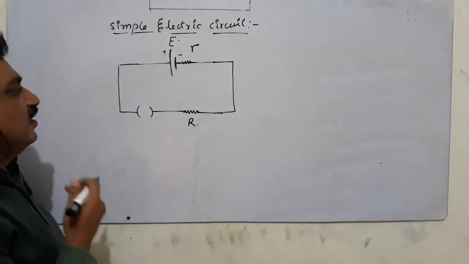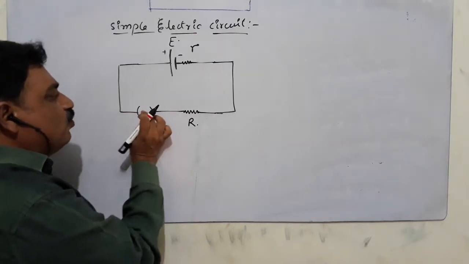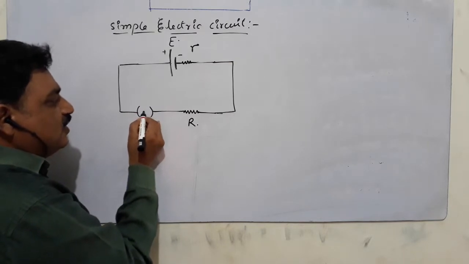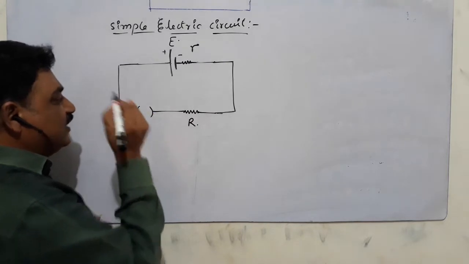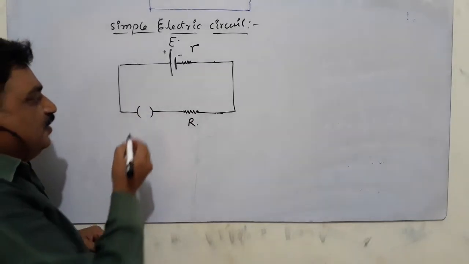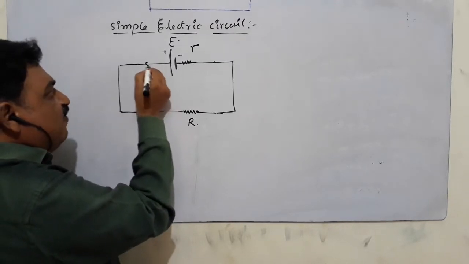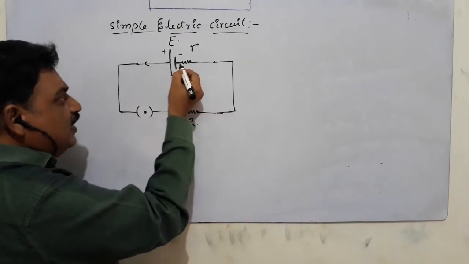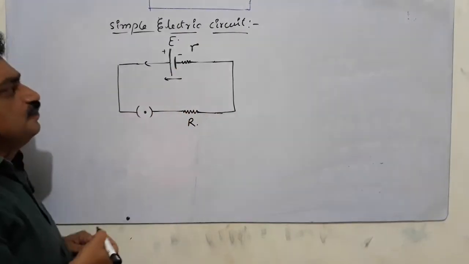And here in this circuit, now the circuit is open. That means here the switch is not on. That means the key is not inserted. If you insert the key, what happens? Current flows from positive terminal to the negative terminal, and inside the cell negative to positive.